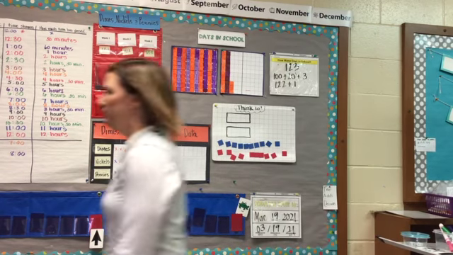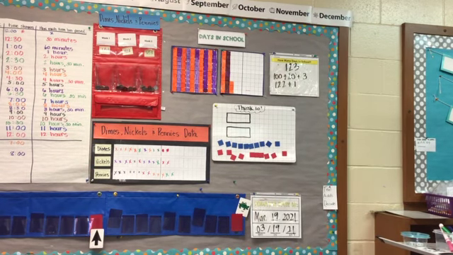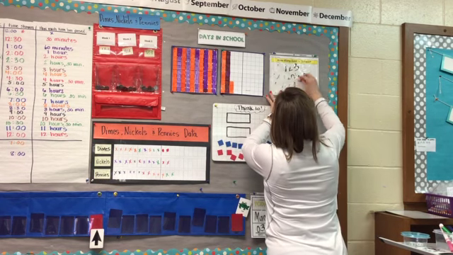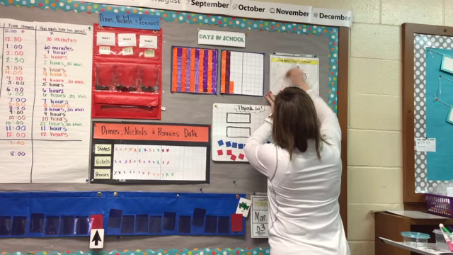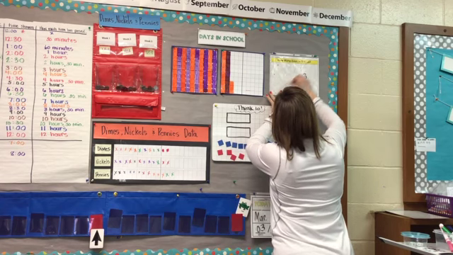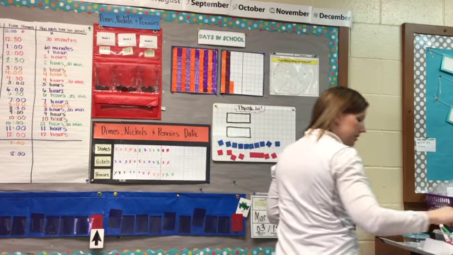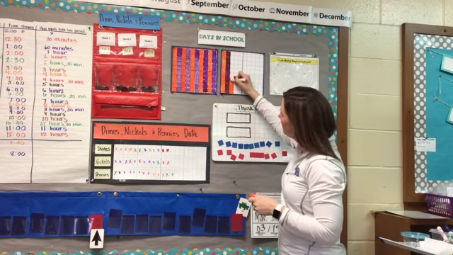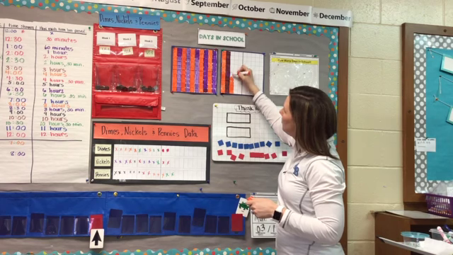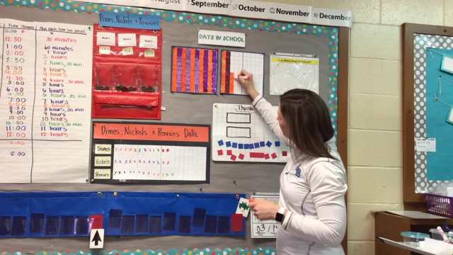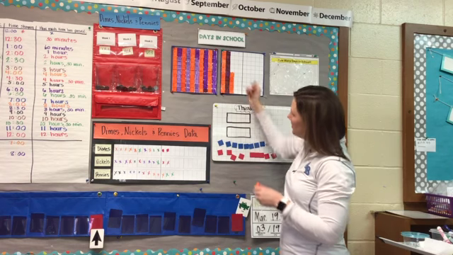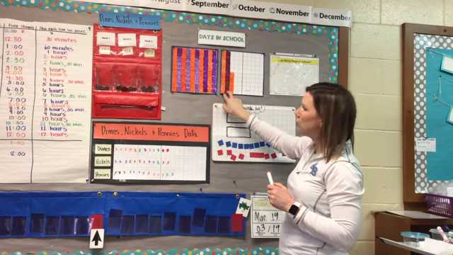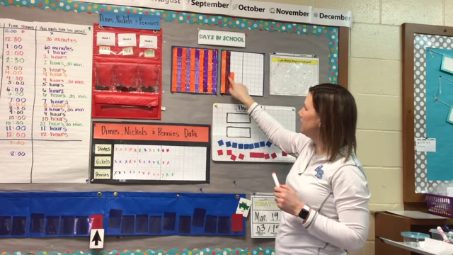So we have a little catching up to do on our days in school. Let's take a look and mark a day for yesterday, and we'll mark a day for today. You can see that we have 100. We have two groups of 10, so 10, 20.